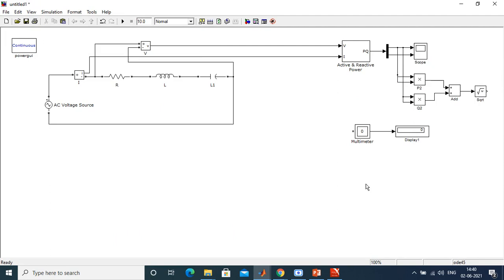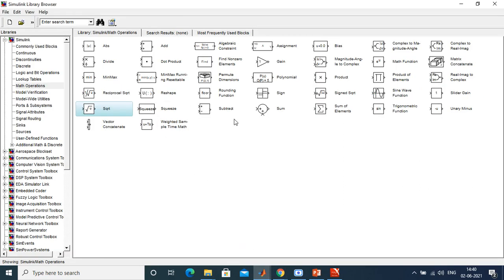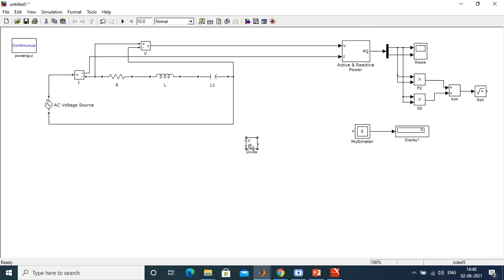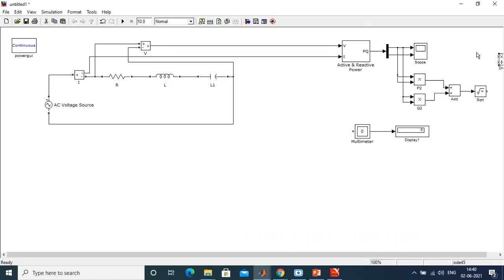So this is the S value. So now I need to compute the power factor. How to compute the power factor? I need to make the ratio of this value and the P value. So I will go to MATLAB again, division symbol, that is P divided by S.